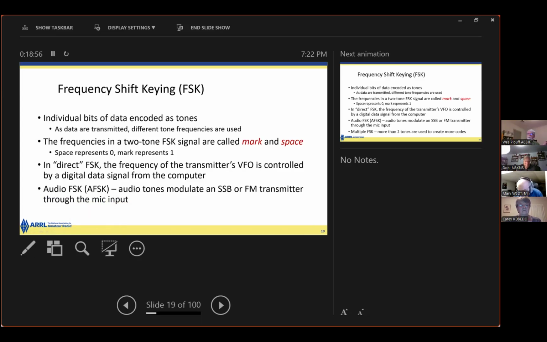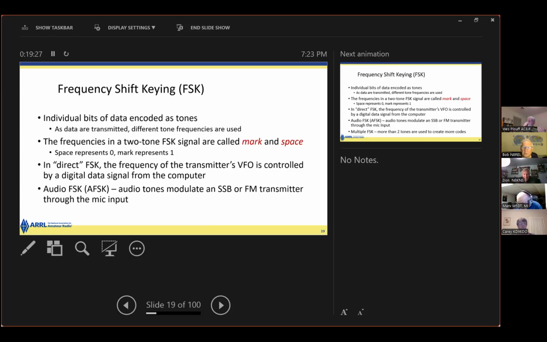Or you can do audio frequency shift keying, which is much more common these days, where on the HF bands you have one of 2 audio tones, and that modulates a single sideband signal. So in essence, you have one of 2 frequencies at a time within the bandwidth of that SSB signal, and there's nothing else there.